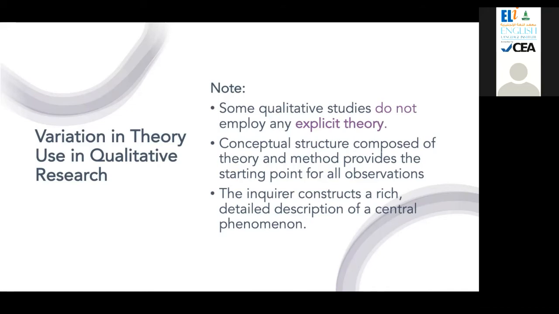The researcher in this regard will provide a rich description of the central phenomenon, regardless of the choice of a particular theoretical framework. So in other words, quantitative research needs to employ a theory, but in qualitative research, sometimes there is no need to employ an explicit theory, but rather rely on a conceptual structure and a detailed description of the central phenomenon.